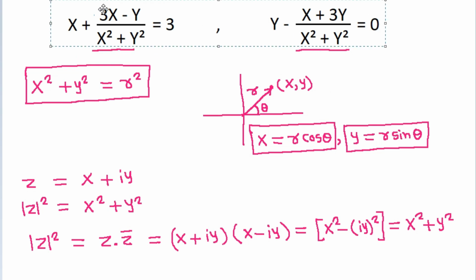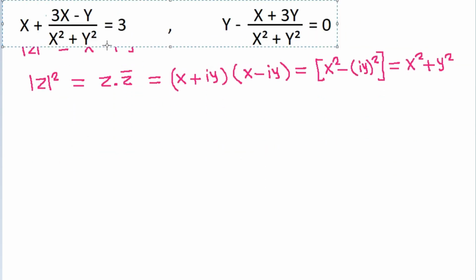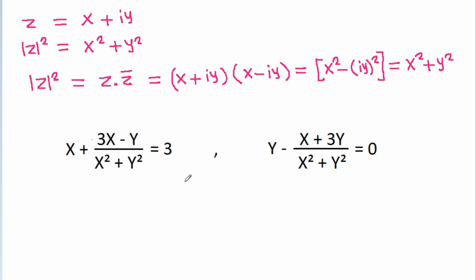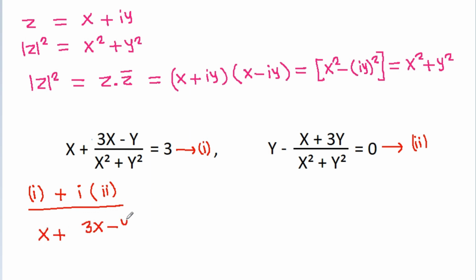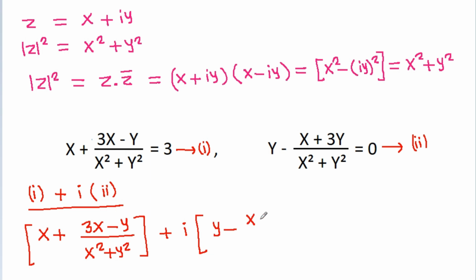suppose this is equation 1 and this is equation 2, and if we add equation 1 and iota times equation 2, then it is x plus (3x minus y)/(x square plus y square) plus iota times (y minus x plus 3y)/(x square plus y square) is equal to 3 plus iota times 0.